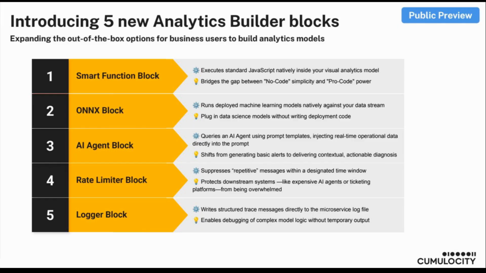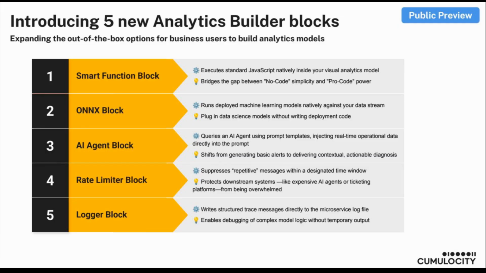So an ONNX block, which reintroduces streaming inferencing of traditional AI and machine learning models. And the AI agent block, which brings modern generative AI into your workflows. To manage these flows, we've also added a rate limiter for intelligent traffic control. And finally, a new logger block to improve your debugging experience.